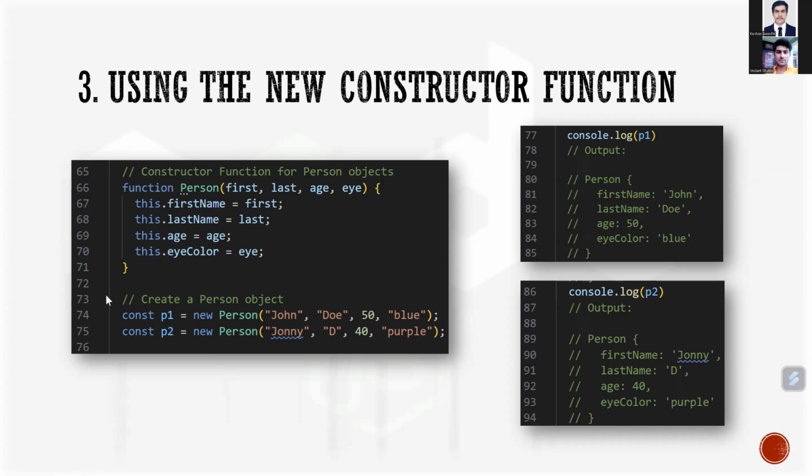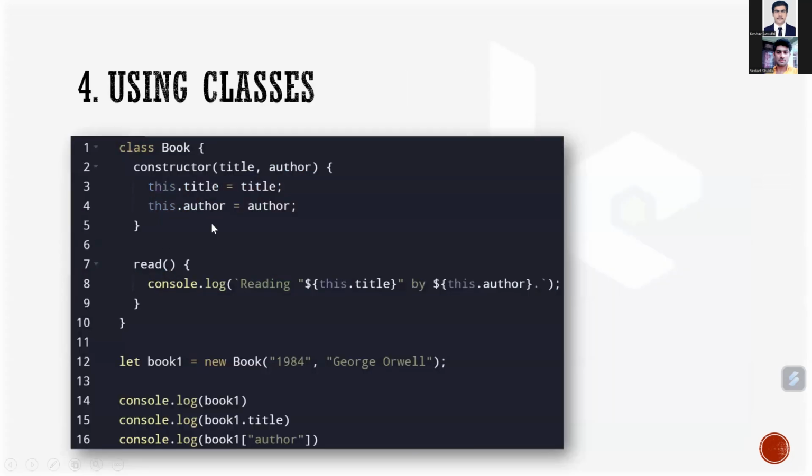Now next is by using classes. By using classes also we can create an object. There is a class, Book, with a constructor taking title and author, and another method, a read method, inside this Book class.